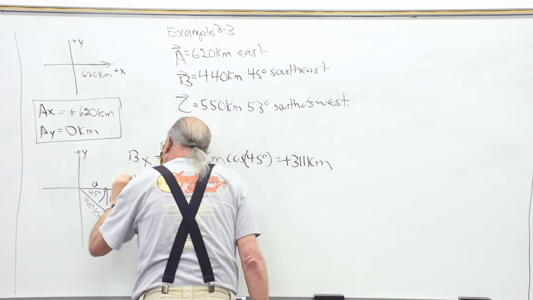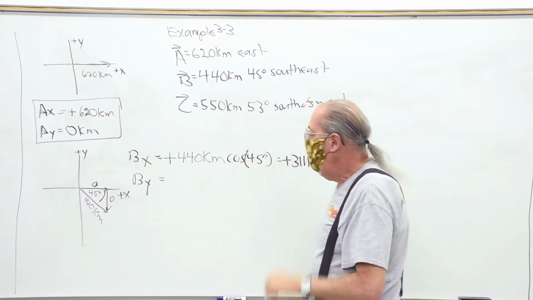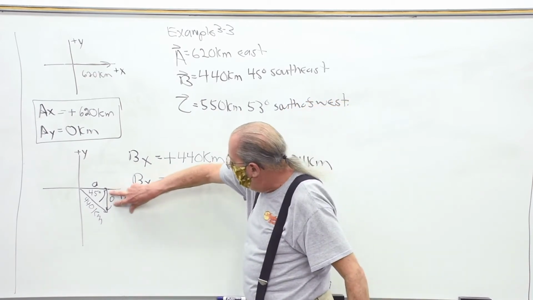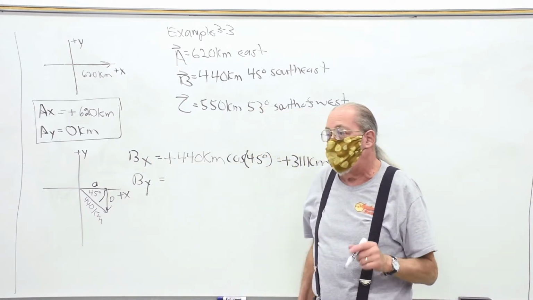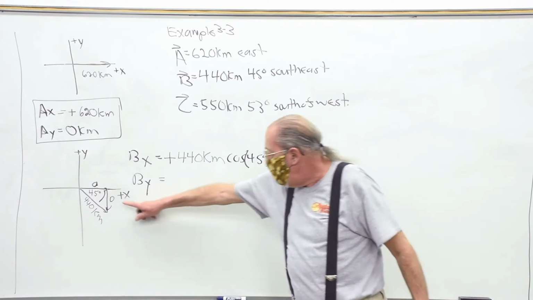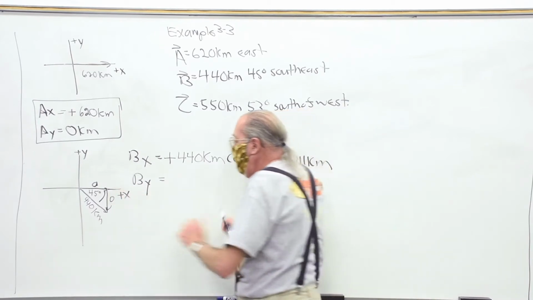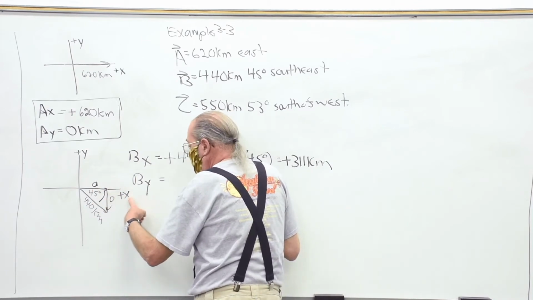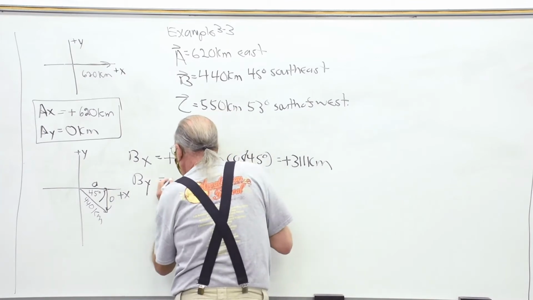Now, what about the y component? Is the y component over here going in the positive or negative y direction? It's pointing down. So this vector has a positive x component by inspection and a negative y component.